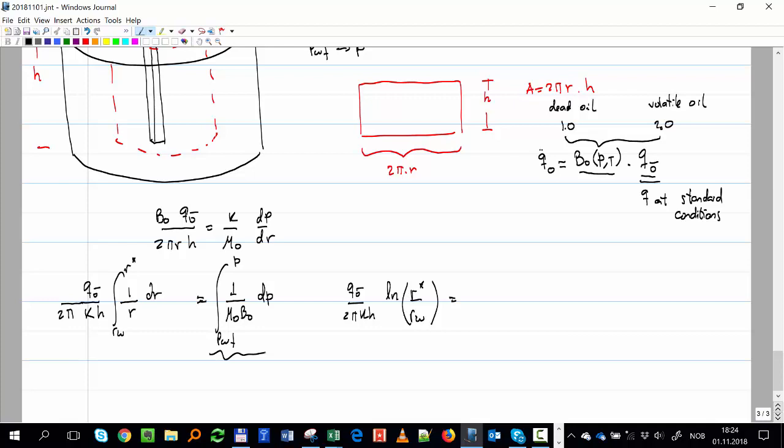It's more like close to dead oil. If you have dead oil or ideal, let's say that mu_o and B_o are not a function of pressure, pretty much. So you can take them out of the integral and just have dP, and here you will have P minus P_wf. Okay.